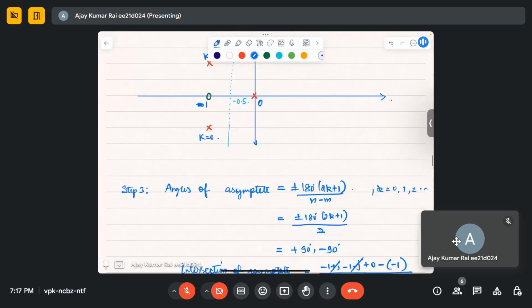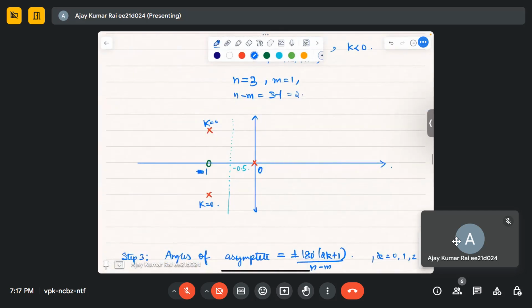Okay, so how that will be plus 45, right? So it will be like this. This is plus 45 and minus 45. So the angle of departure will be like this. This is minus 45.